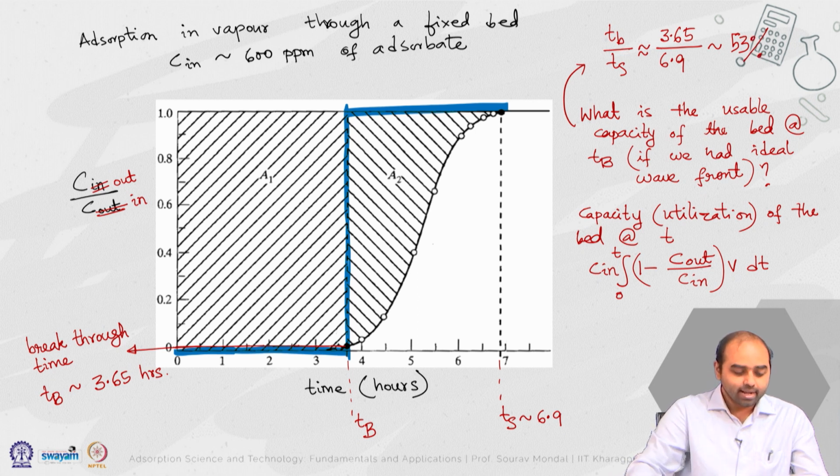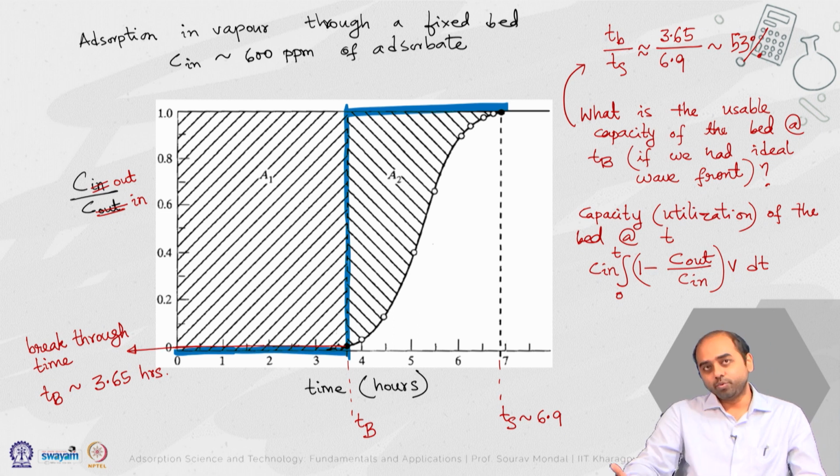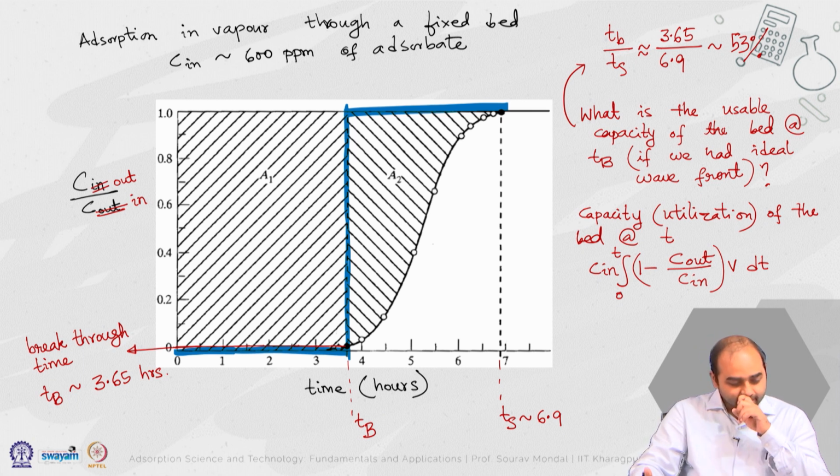So, considering an ideal wave front, since the other unit is unity, one can easily represent, instead of considering the area, the ratio of these two times, when it reaches saturation and when it reaches breakthrough, in the instance of an ideal wave front. Now, the next point is what is the actual fraction.